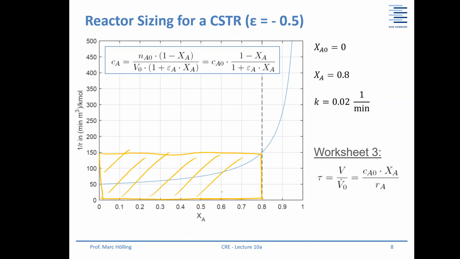So for this reaction, your residence time is 1 kilomole per cubic meter times 80% conversion, and now 1 over the reaction rate is 150 minutes cubic meters per kilomole. And then you have 120 minutes.